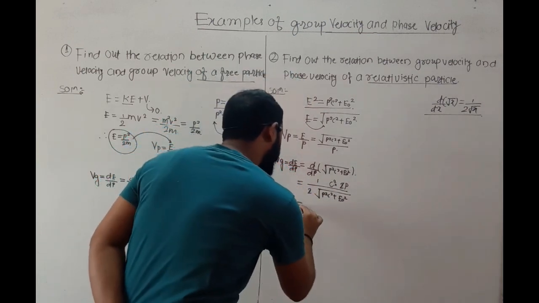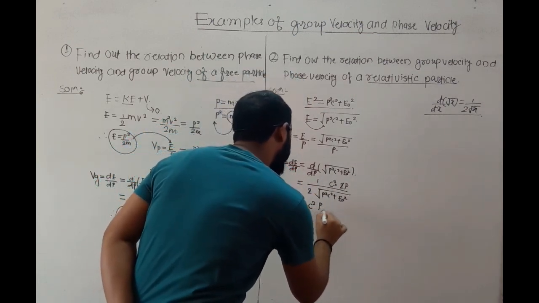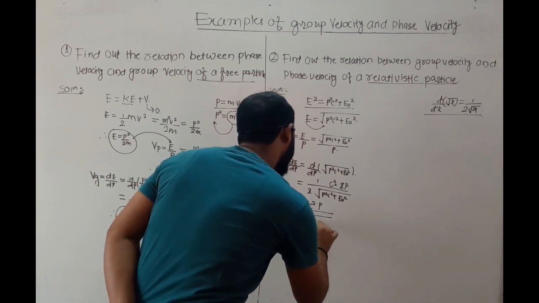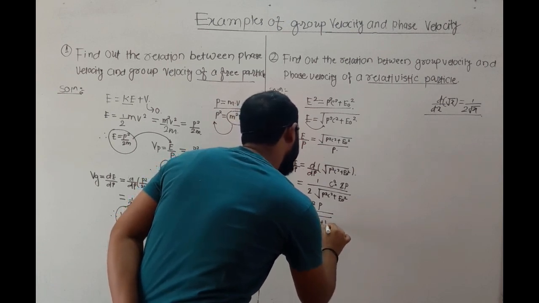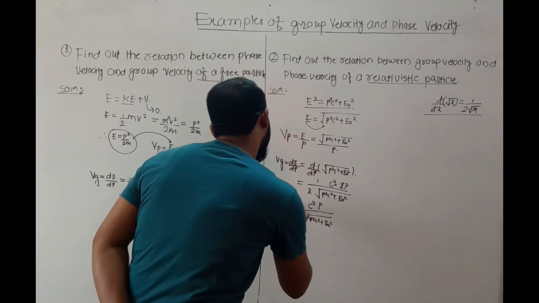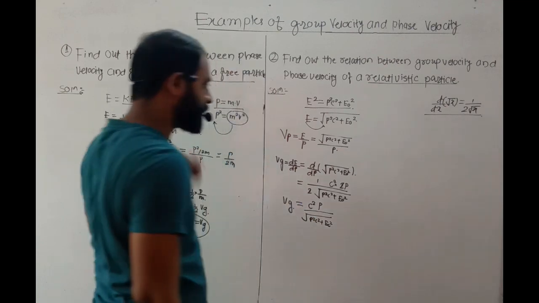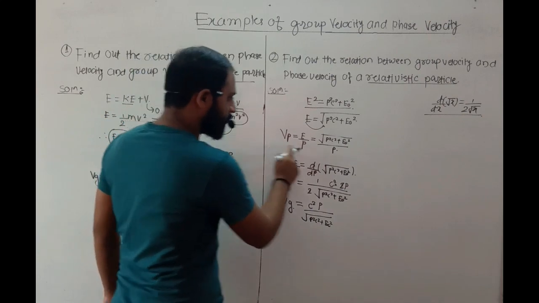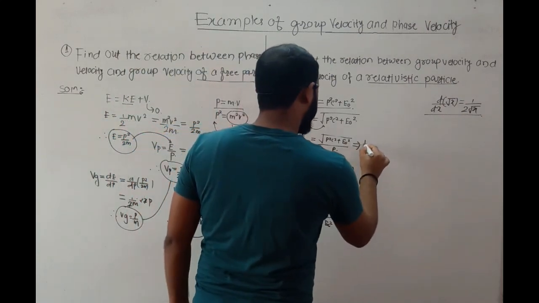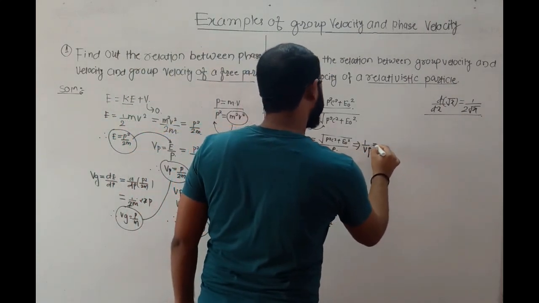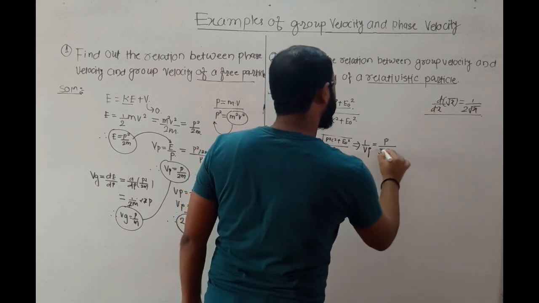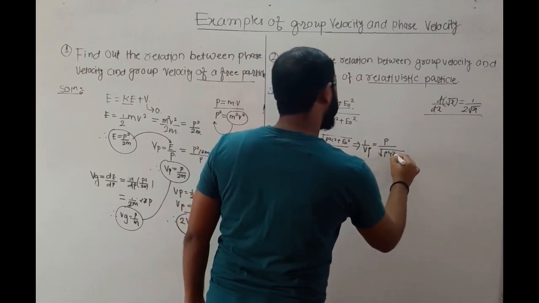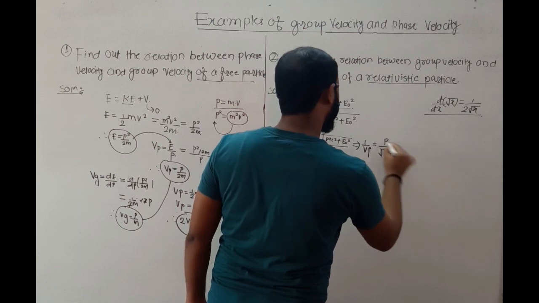Now see, C square P upon under root of P square C square plus E naught square. The left hand side is Vg. Now if I take the reciprocal, 1 by Vp becomes E upon under root of P square C square plus E naught square.